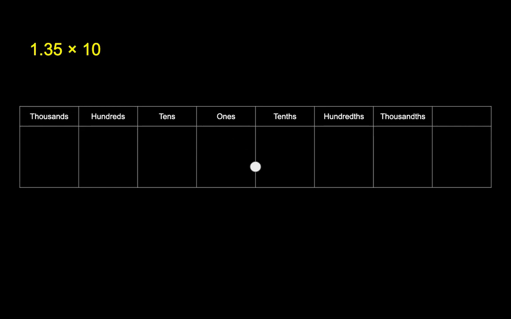We have another example here. 1.35 times 10. Now, easy. Where do these digits go? 1 point. Okay, each one of these digits has to become 10 times bigger because we're multiplying by 10. So this 1 has to jump there, and so on.